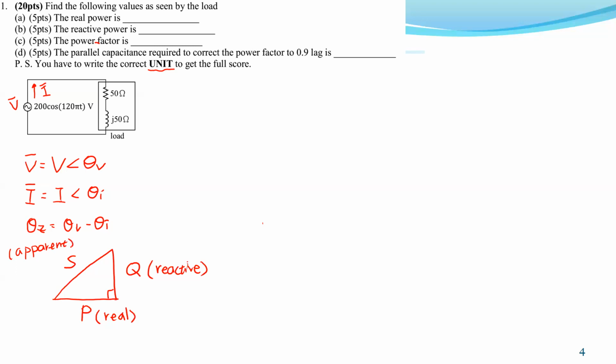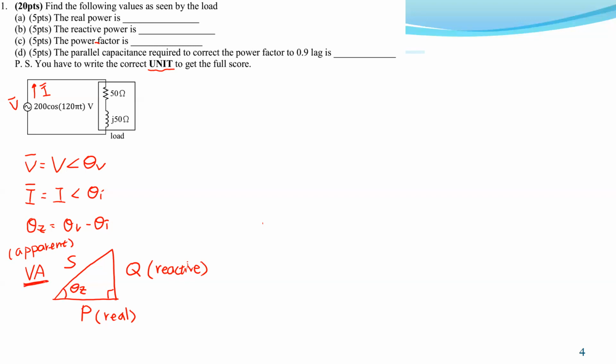And so this is theta z. So you have this relationship. And remember the unit. The unit of apparent power is volt-amp, VA.